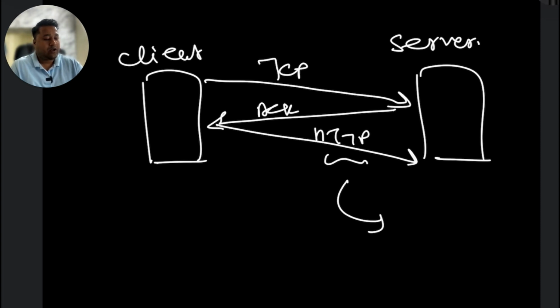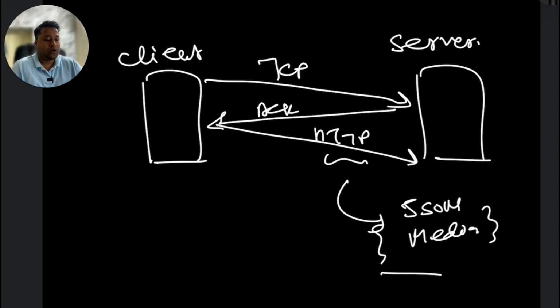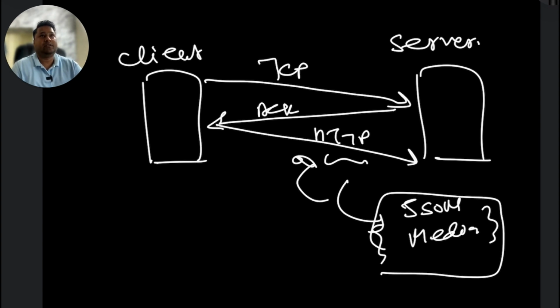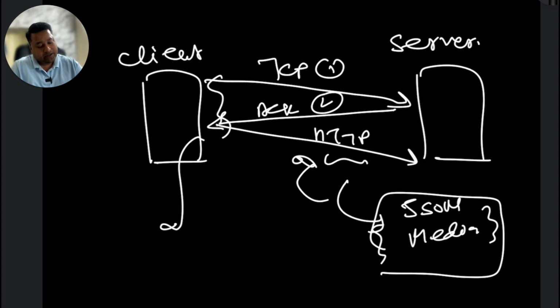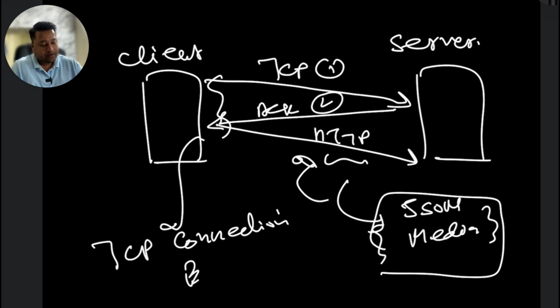Because HTTP works at the presentation layer, you might be sending some JSON files, some media files, and so on. All those things will be working at the HTTP level. So you see, between point number 1 and point number 2, there is another step involved in this process. So all this is basically the TCP connection established.